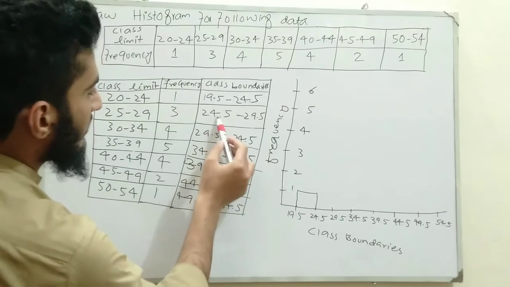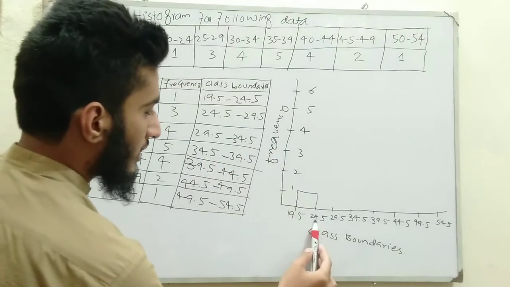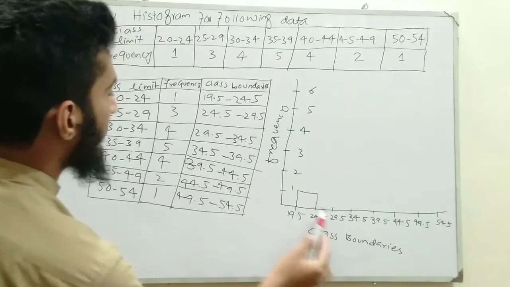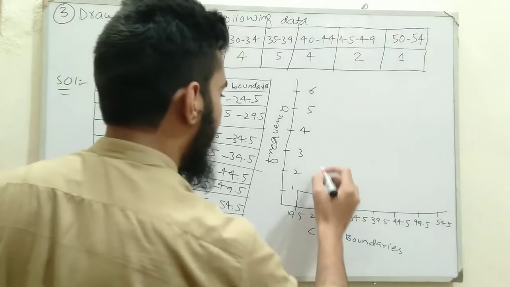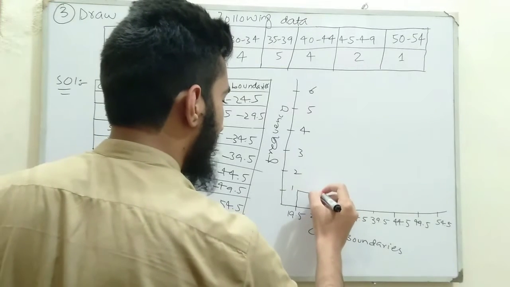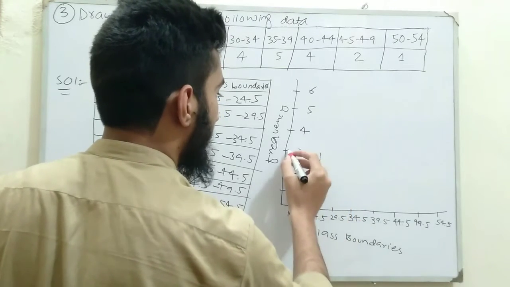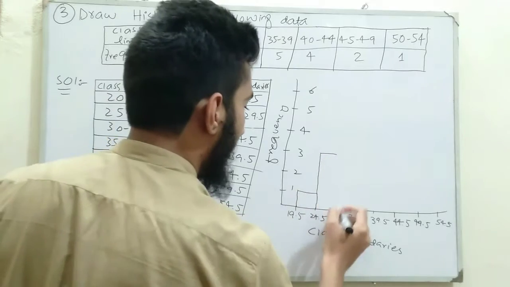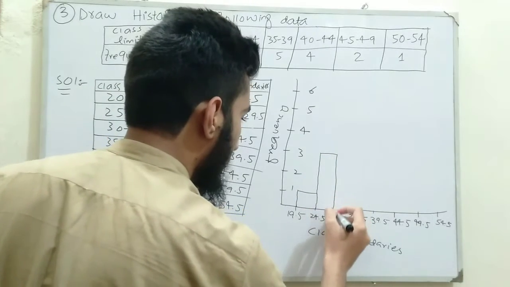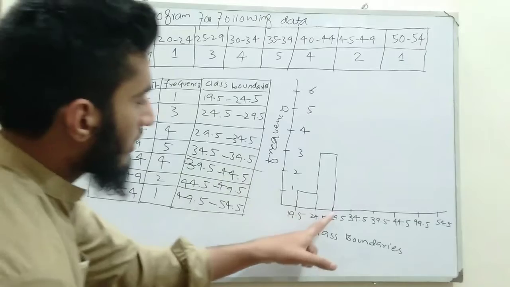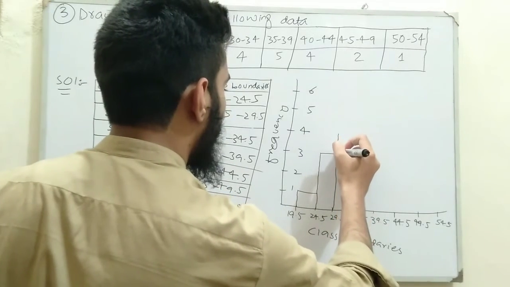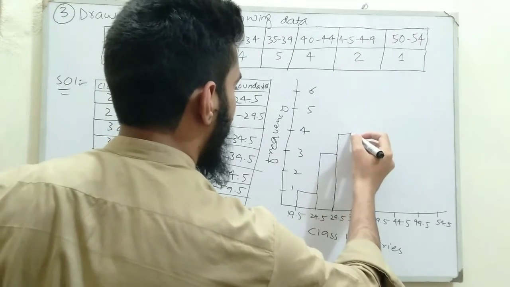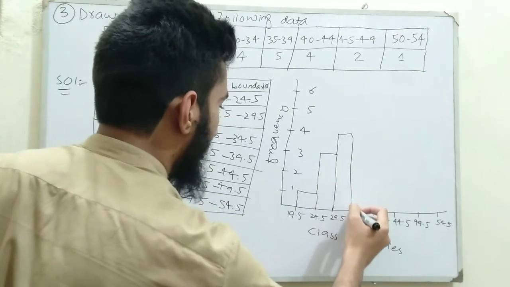After this we have 24.5 to 29.5, but the frequency in front of this class boundary is 3, so it will join in front of 3, so it becomes just like this. In front of 3, this is the frequency 3, and join with 29.5. After this we have 29.5 to 34.5, but the frequency here is 4, so it goes just like this, joined with 34.5.